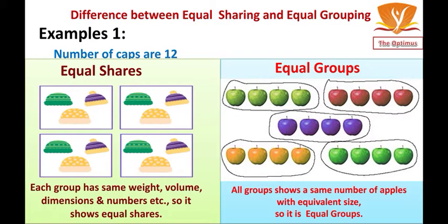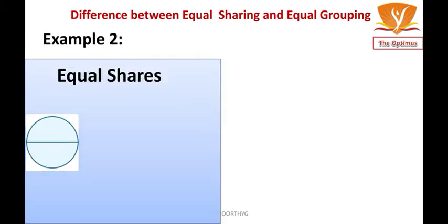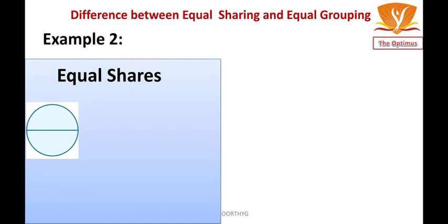One more example for you. Difference between equal sharing and equal grouping. See equal shares. The first figure shows a circle equally divided into 2 equal parts. The second figure shows a rectangle equally divided into 4 parts.